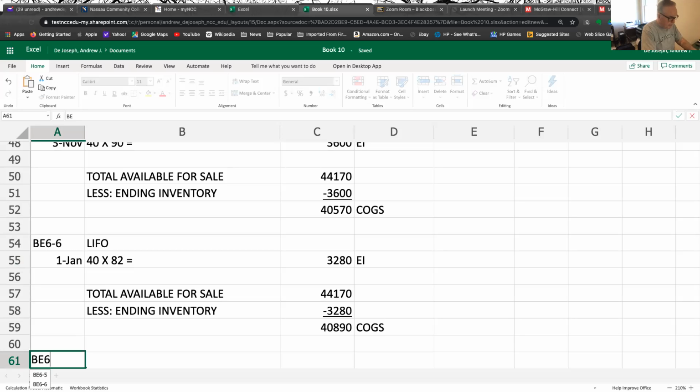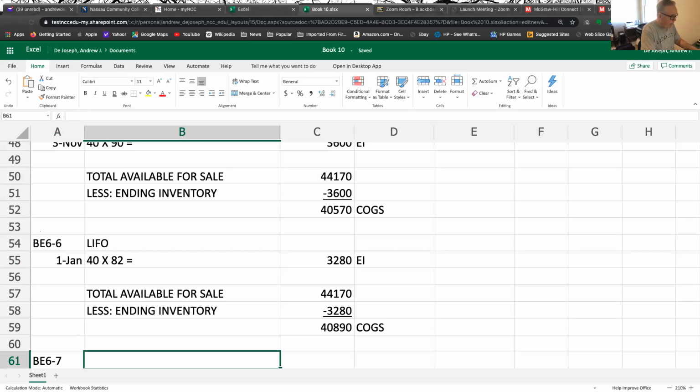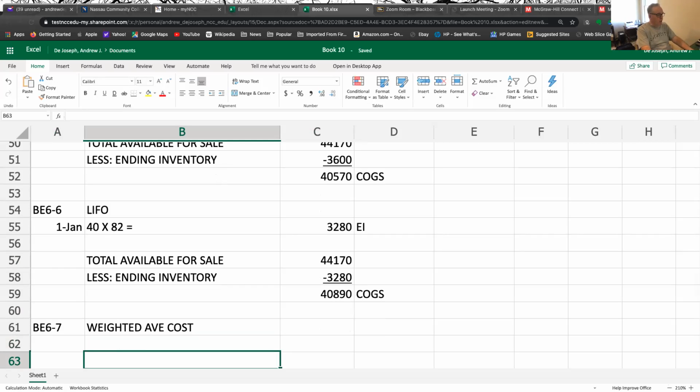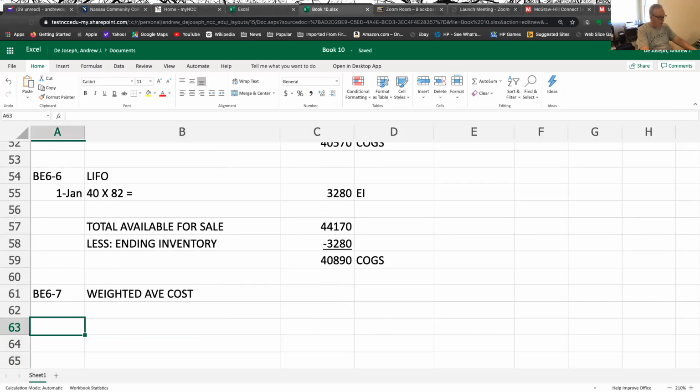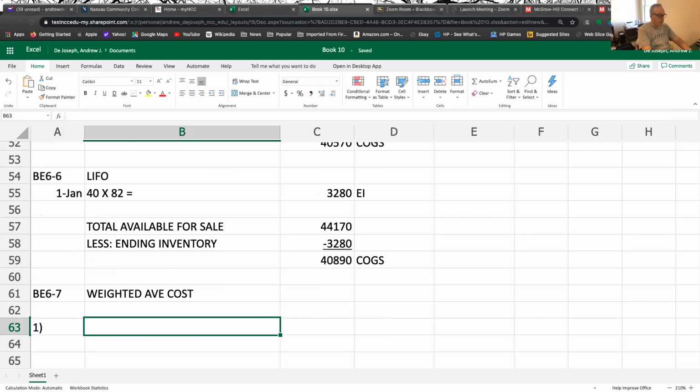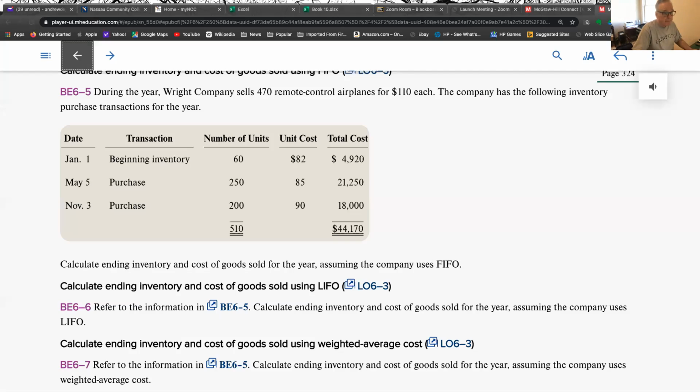BE 6-7. Weighted average cost. Remember, this was a two-step process. The first step was to figure out the average cost of a unit. And to do that, you had to take the total available, 44,170 divided by 510.